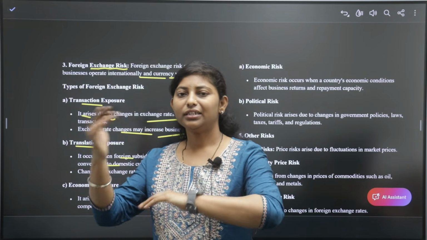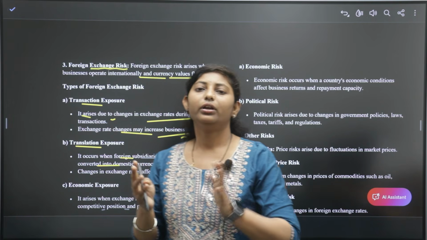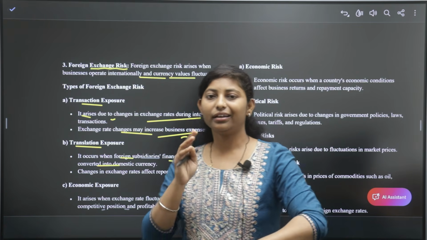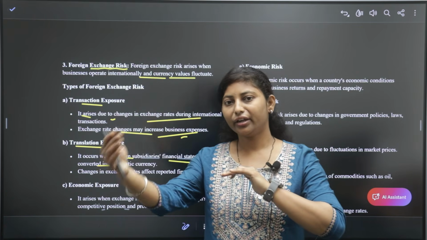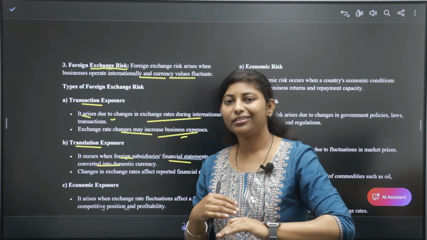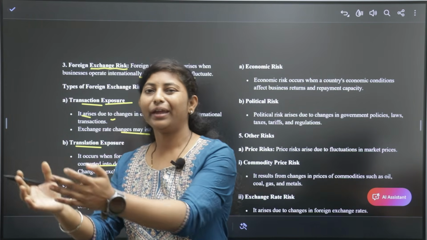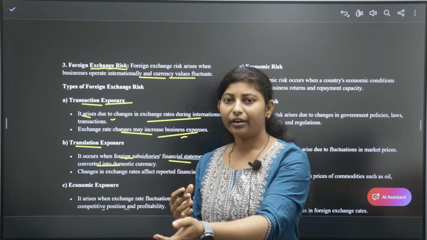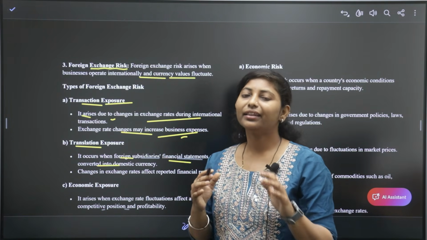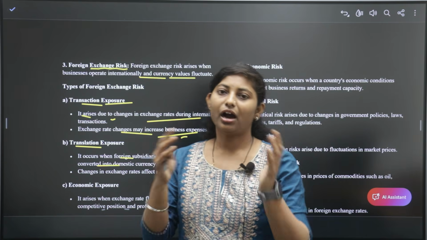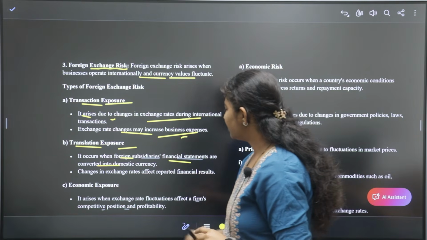Here foreign currency is converted into our domestic currency, so there will be changes in values, and the amount may decrease or increase. If the value the foreign country is paying us decreases, our expenses effectively increase. That is what we call exposure.